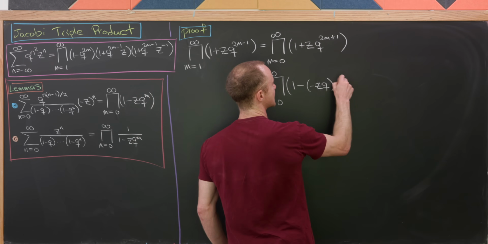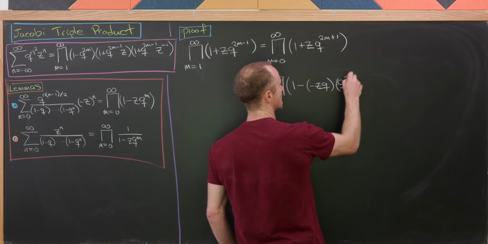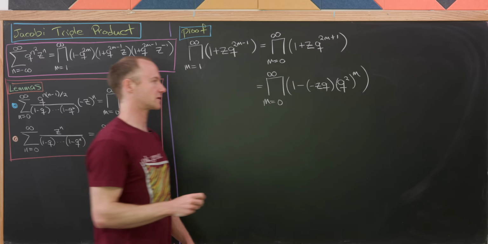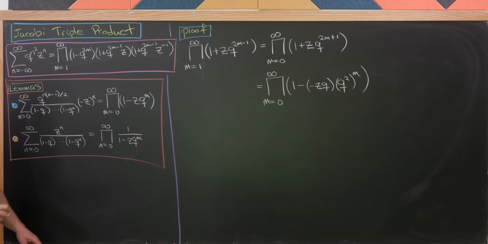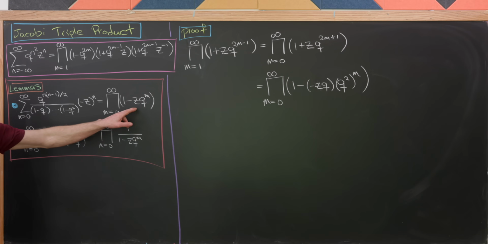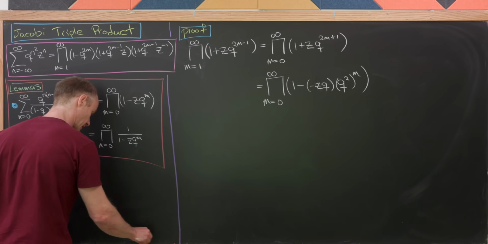And then that's going to be times q squared to the m power. So now observe that we have something that looks like the right-hand side of our blue dot identity, where z has been replaced with minus zq, and q has been replaced with q squared.